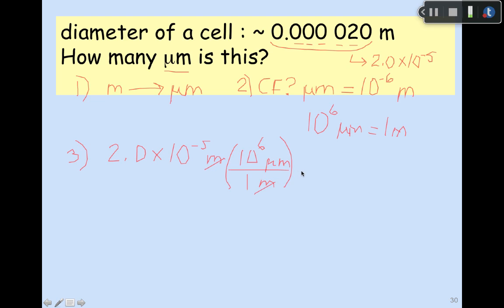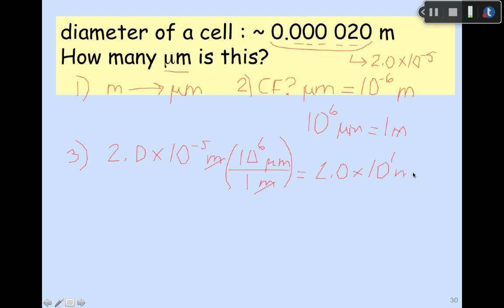The answer becomes a value in micrometers. It's still going to be 2.0 times, well, what power of 10? If you're multiplying with powers of 10, then you add the exponents. So in this case, you have minus 5 plus 6. So the answer is 10 to the 1.